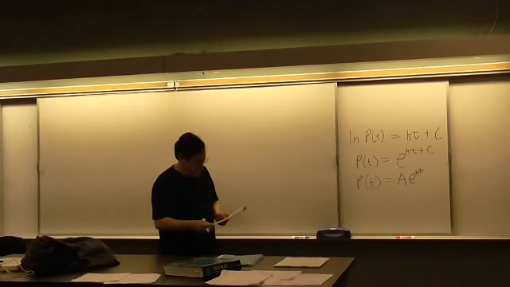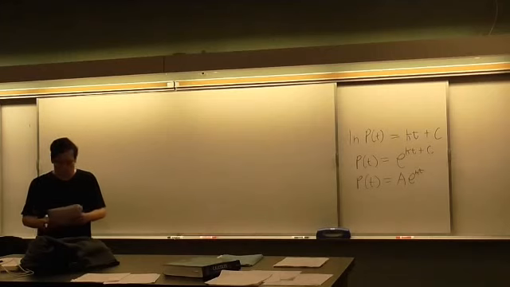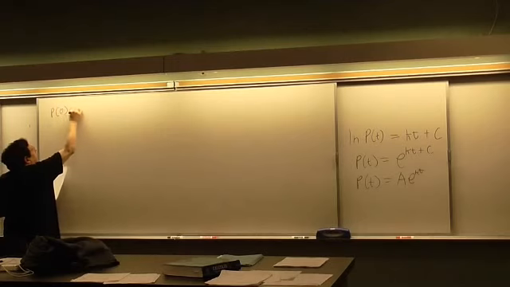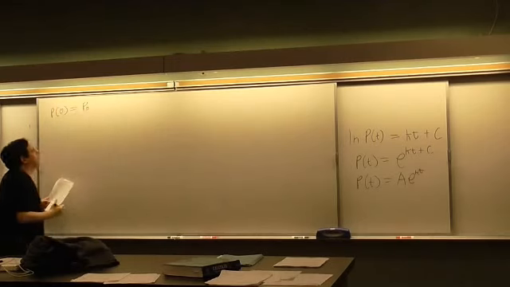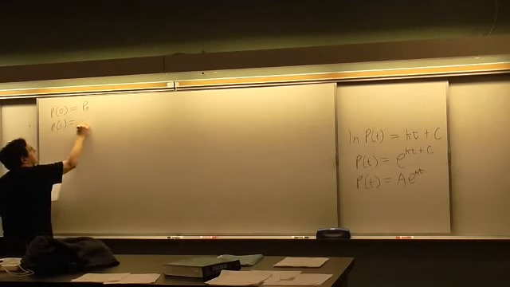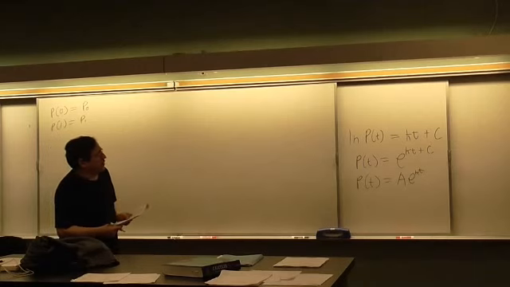So now, what I want you to think about is what if we have some initial conditions? So say, for example, we know that at time 0, we have a value p of 0. And at some later time, we'll just say time 1, we have p of 1. So we can take our equation and plug in.